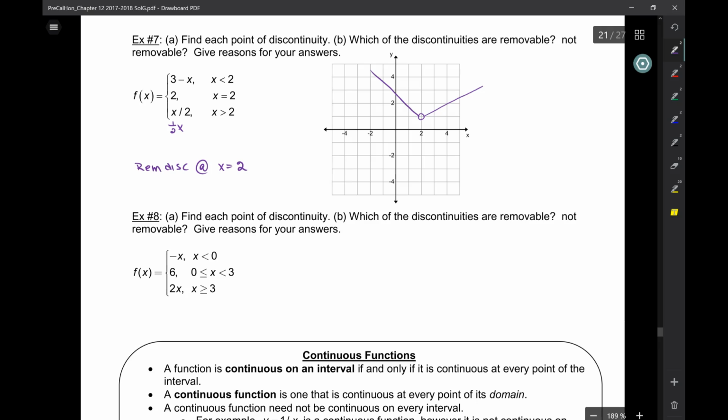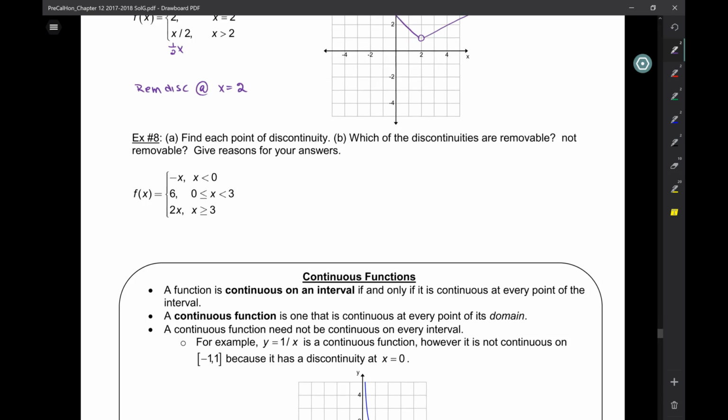Okay? Now, here, I need to finish this one. This next one we're going to do without graphing because you need to be able to do it without graphing. All right. We have one partition at x equals 0. So plug x equals 0 into the first function and you get 0, right? Into the second function, you get 6. Is that a discontinuity?